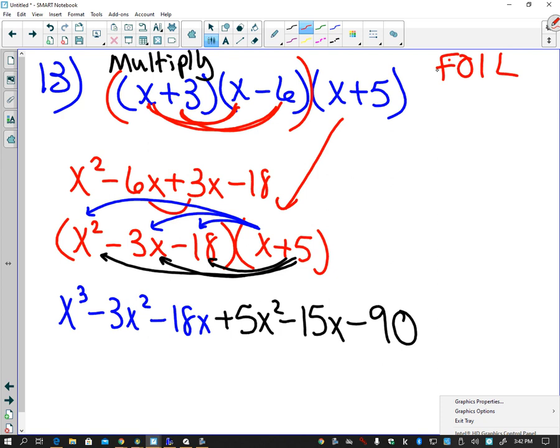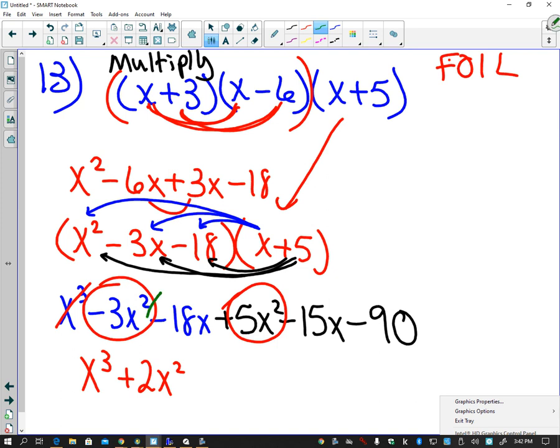We only have 1 x cubed, so we can take that. We've finished off that. Okay, we've got a negative 3x squared and a positive 5x squared. So that's going to be positive 2x squared. We have a negative 18x and a negative 15x.